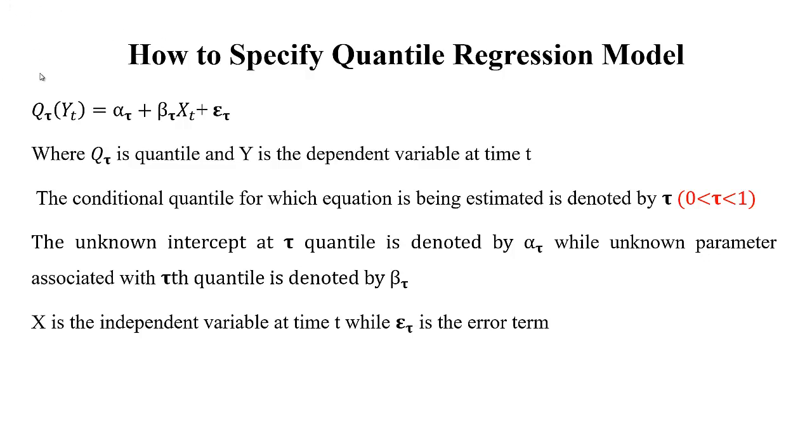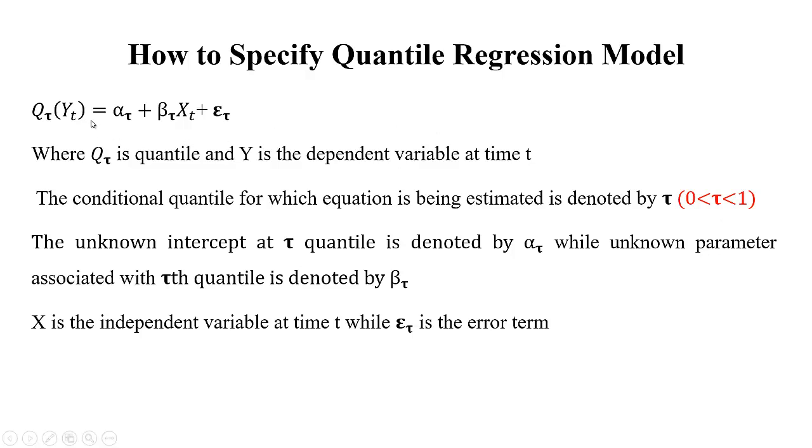Now, where this Q is quantile and y is the dependent variable at time t, take note, when you have this particular t, it shows that the model is a time series model. The conditional quantile for which the equation is being estimated is denoted by this tau, and the value should range between 0 and 1. So it should be less than 1 but greater than 0.